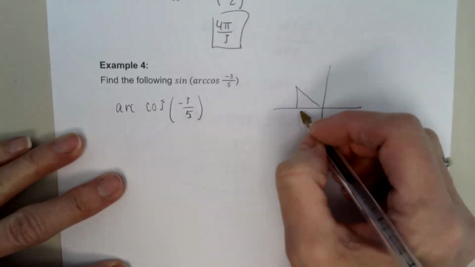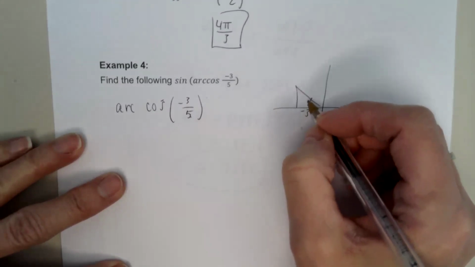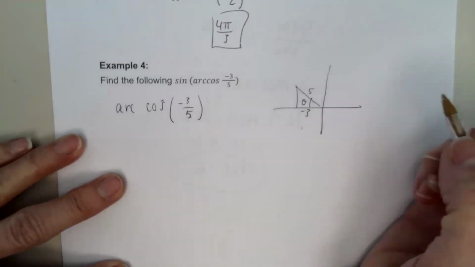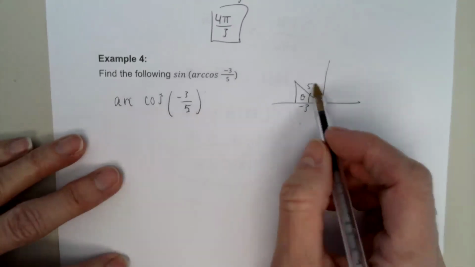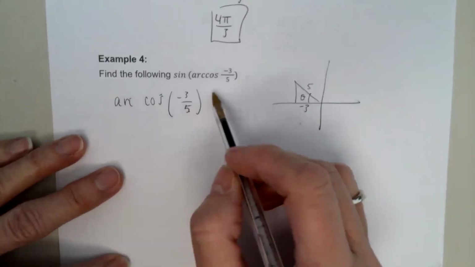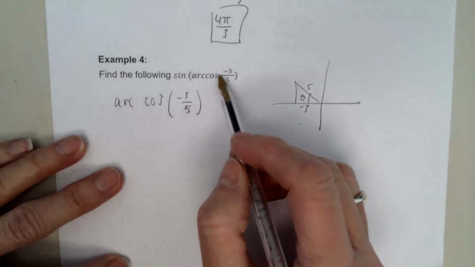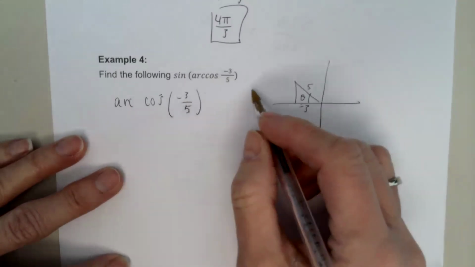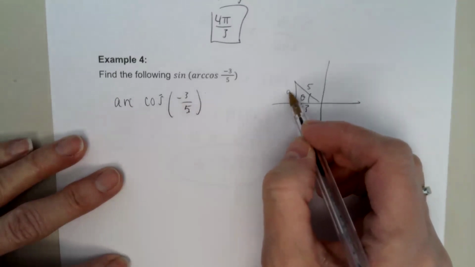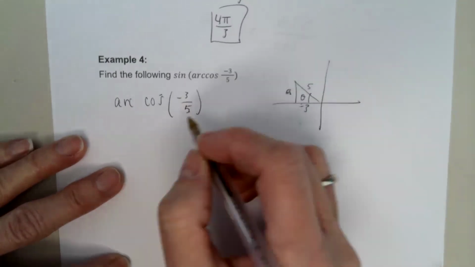So -3/5 would be the adjacent is -3 and the hypotenuse is 5. And whatever this angle theta is, I want to find the sine of that angle. So I need to find the opposite side a so that I can find the sine.